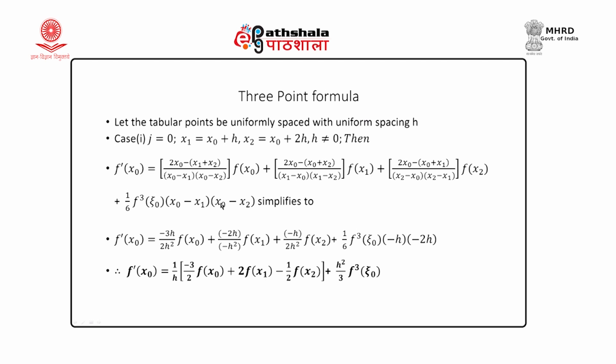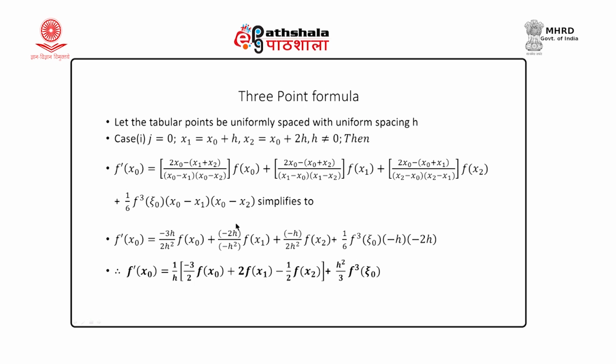So, x0 minus x1, x0 minus x2, and it simplifies to f dash x0. Substitute x1 as x0 plus h and x2 as x0 plus 2h. So, x1 is x0 plus h, x2 is x0 plus 2h, x0 will cancel and we will be left with minus h minus 2h gives minus 3h, and x0 minus x1 is minus h, x0 minus x2 is minus 2h, the product becomes 2h square. So, minus 3h upon 2h square f x0.